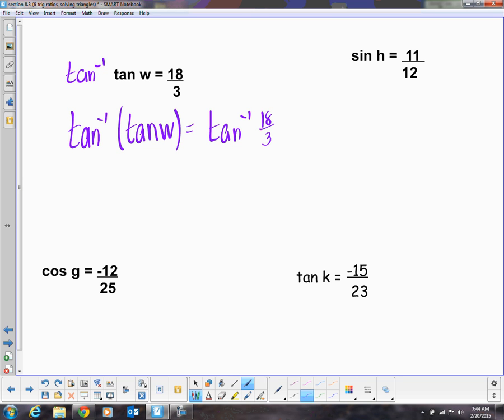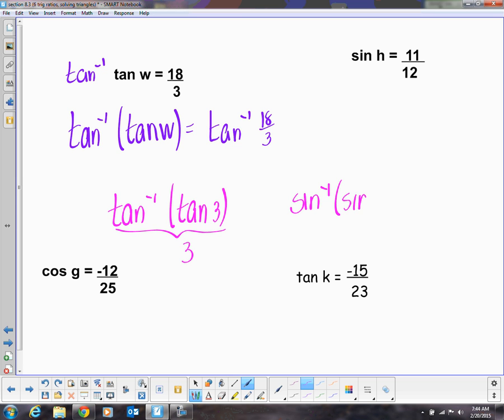Okay, before we go any further, this is what I want you to do. Everybody have their calculator? I want to convince you first. I want you to do tan inverse of tan 3. What is this? 3. You sure? Everybody get 3? Yeah. Okay, now I want you to do sine inverse of sine 10.